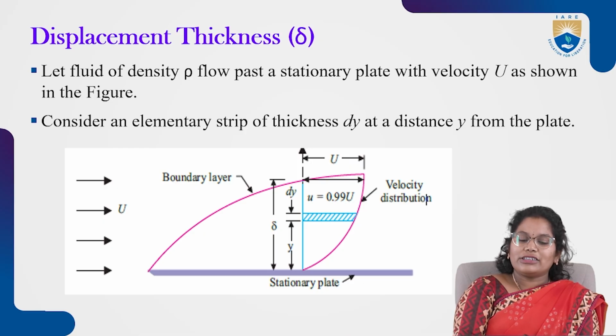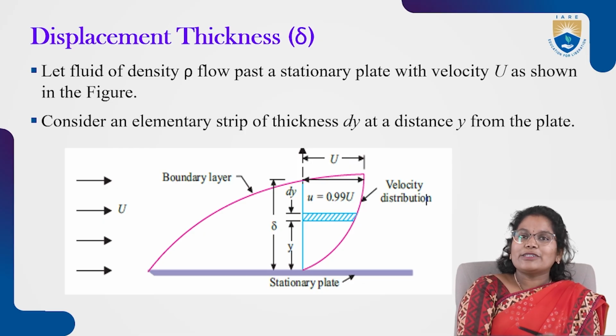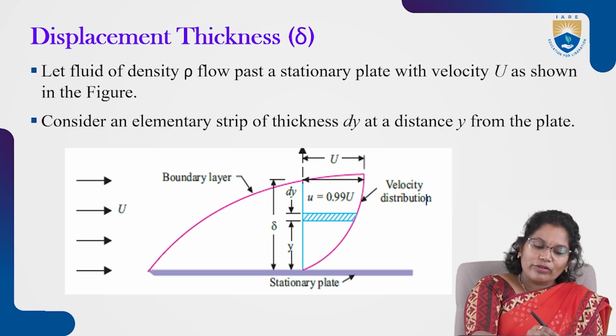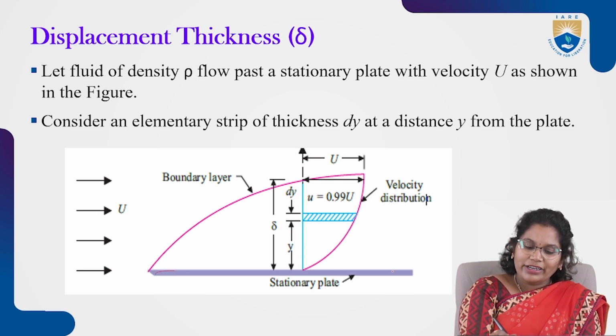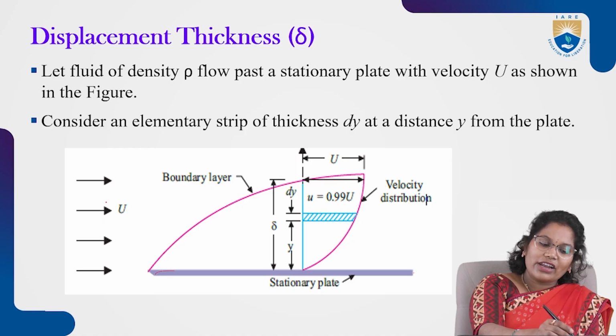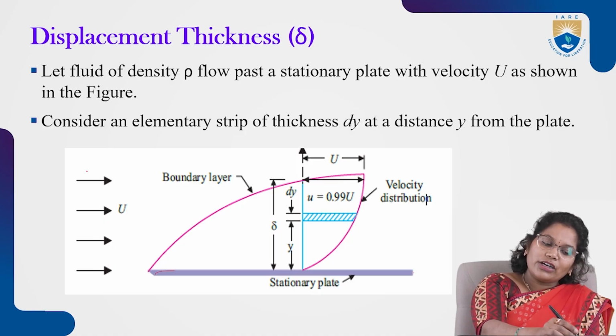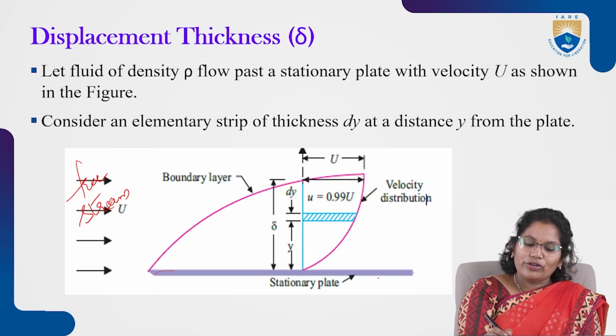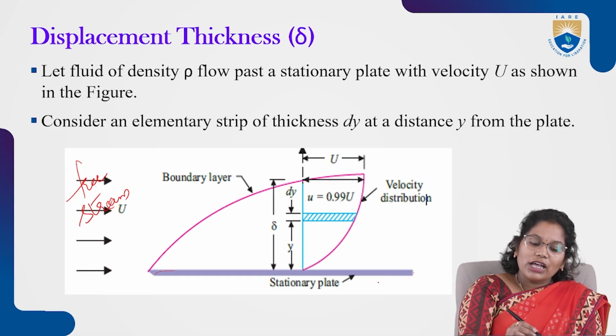Now here we are deriving what the boundary layer displacement thickness is. For this derivation we have taken one stationary plate, and we are allowing a fluid with free stream velocity, capital U. Due to the no slip condition, we see a velocity variation.